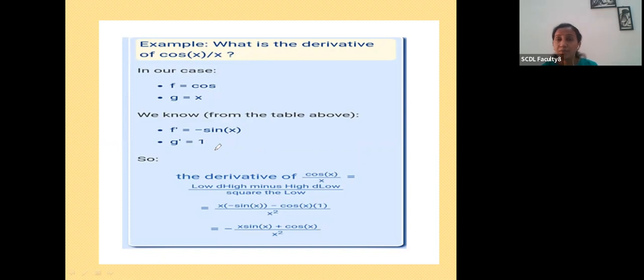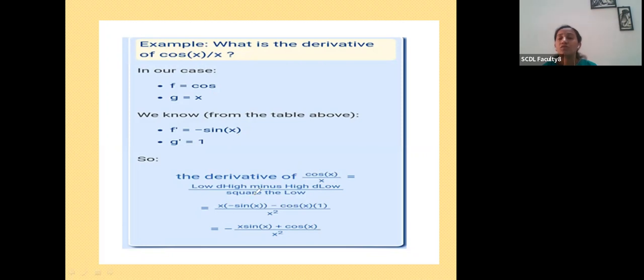Cos is trigonometry, so already you know the derivative of cos x is minus sin x. Now what is given? Cos x upon x. So the derivative of cos x upon x, we will go with our formula given in the quotient rule.